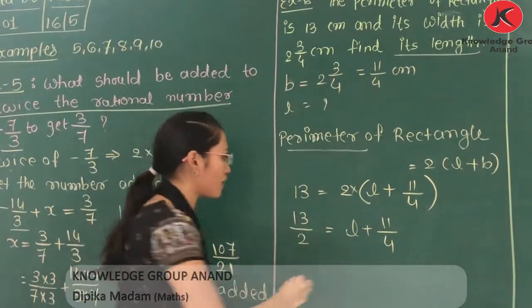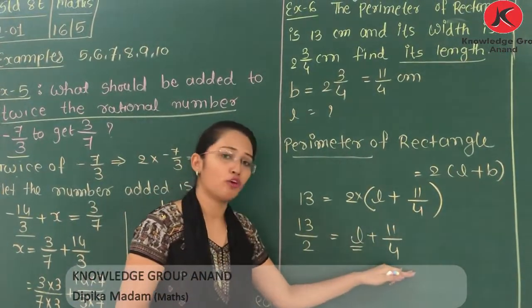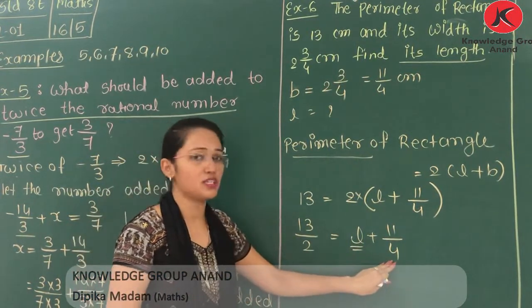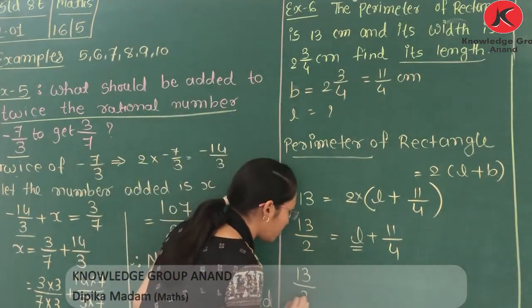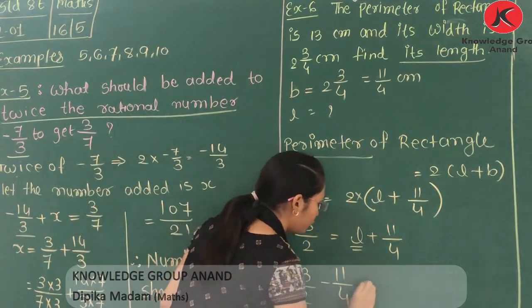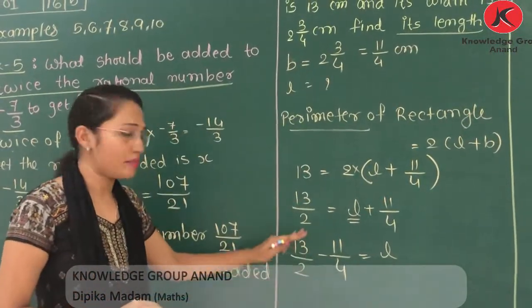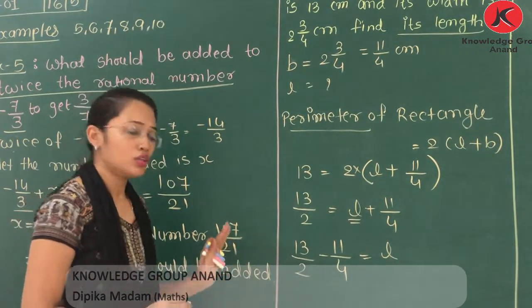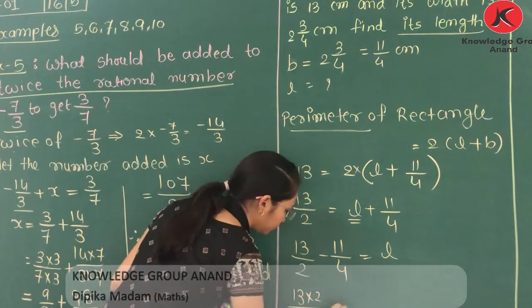Now what do we have to find here? L. We have to find L, so 11 by 4 goes from the right to the left. What is the operation? Addition. It becomes subtraction. So 13 by 2 minus 11 by 4 is equal to L. Now again you need to take the LCM. LCM is 4, so 13 by 2 needs to be multiplied by 2 in the numerator and denominator.